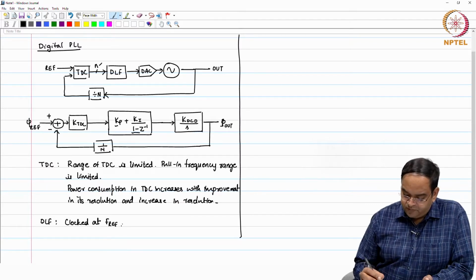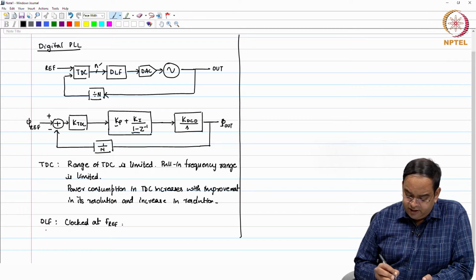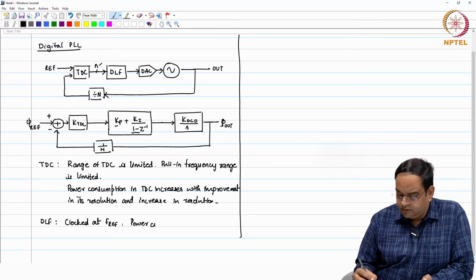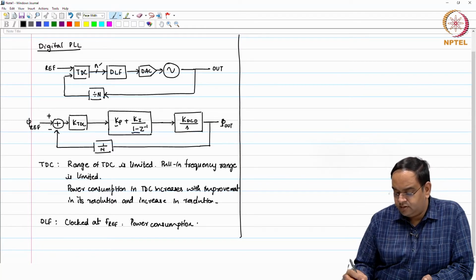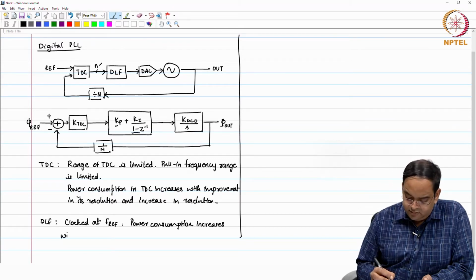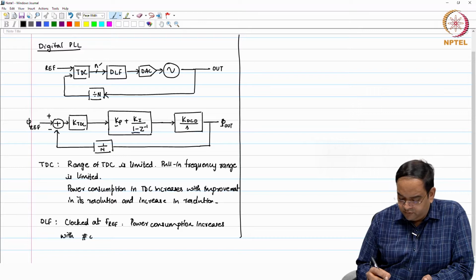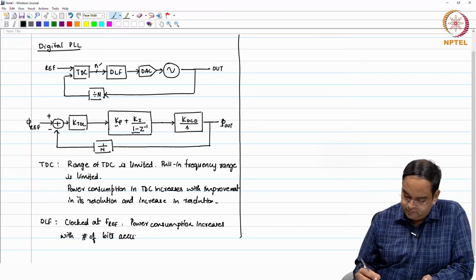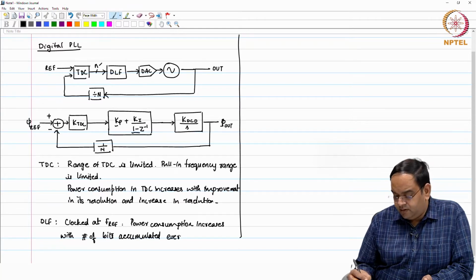So, for the digital loop filter, power consumption increases with the number of bits it is accumulating every reference clock period.